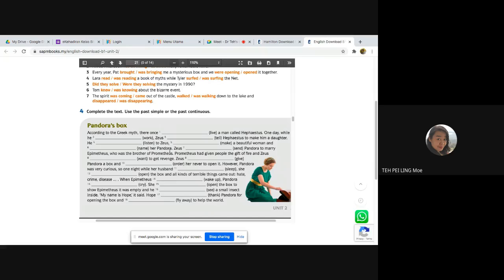So Zeus, right, past tense, sent Pandora to marry Epimetheus, who was the brother of Prometheus, all these difficult Greek names. Prometheus had given people the gift of fire, and Zeus wanted to get revenge.